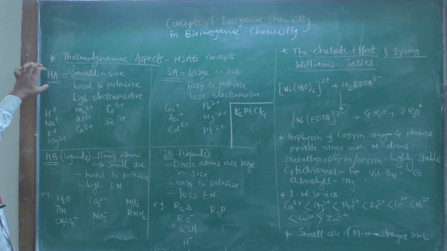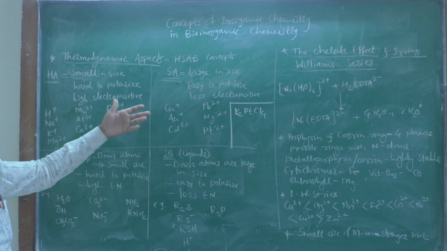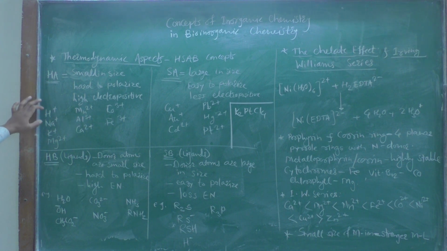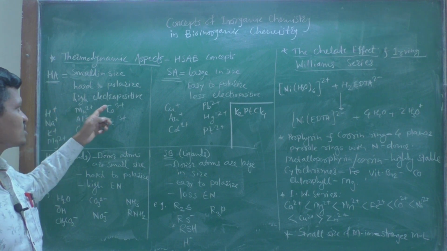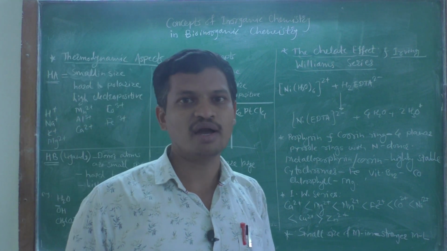It is hard to polarize, and it is highly electropositive. Some examples of hard acids are H plus, Na plus, K plus, Mg2 plus, Mn2 plus, Al3 plus, calcium 2 plus, cobalt 3 plus, iron 3 plus.